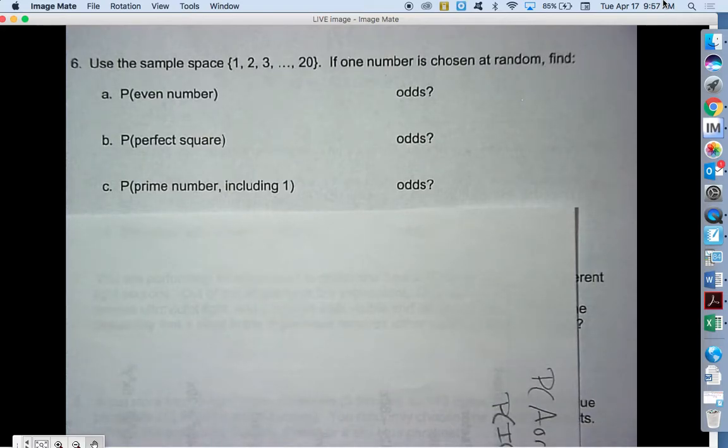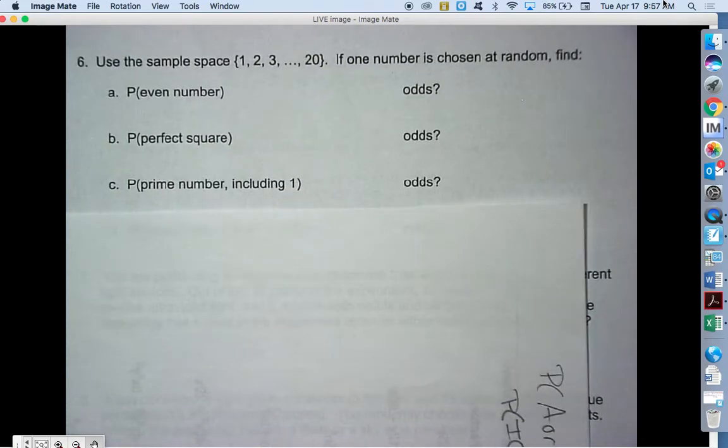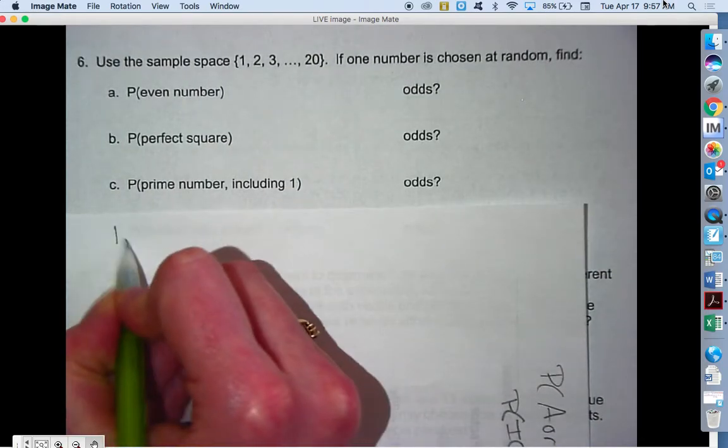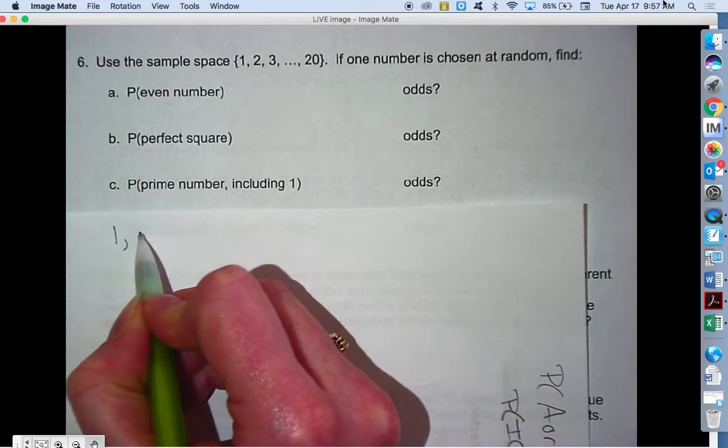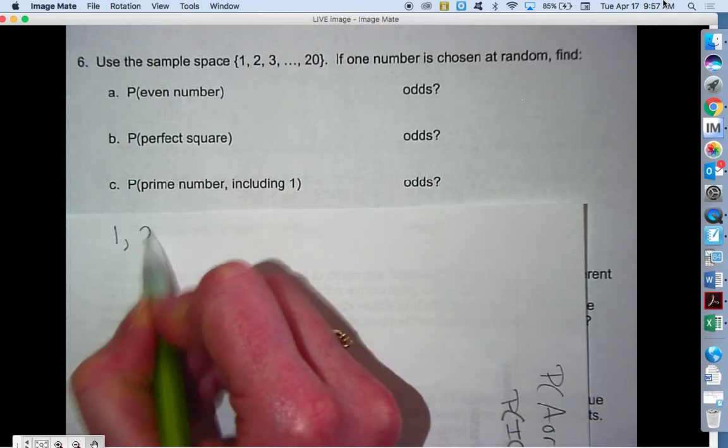So Ko, what are the prime numbers that you have from 1 through 20? Did you say 2?